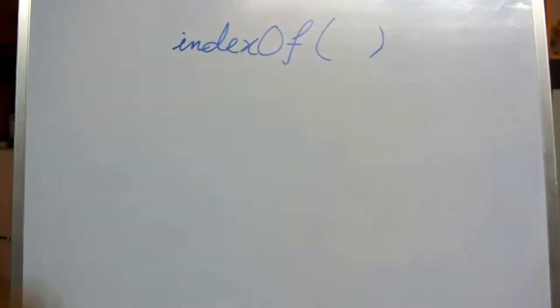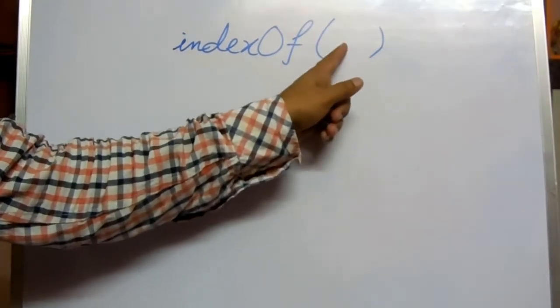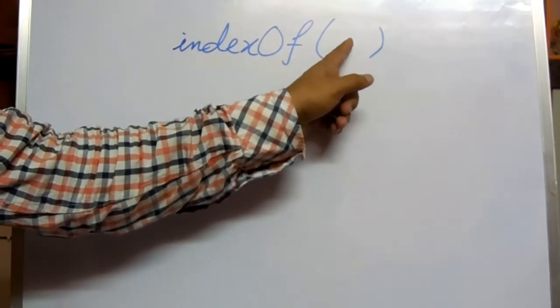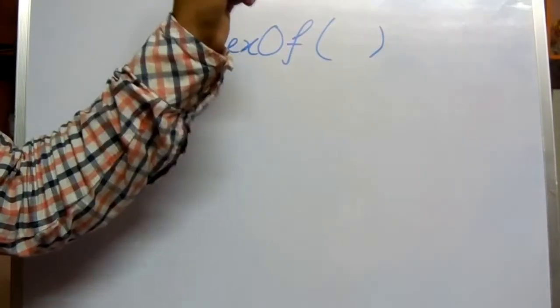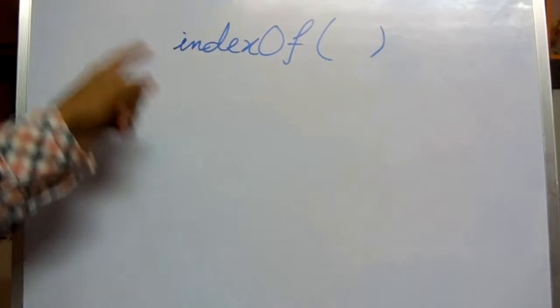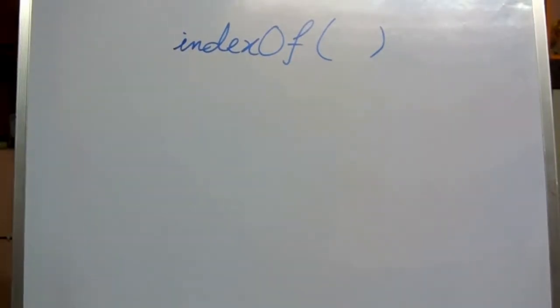It takes a character as its argument, so we put any particular character into it and it returns an integer. It performs just the opposite of the charAt method.